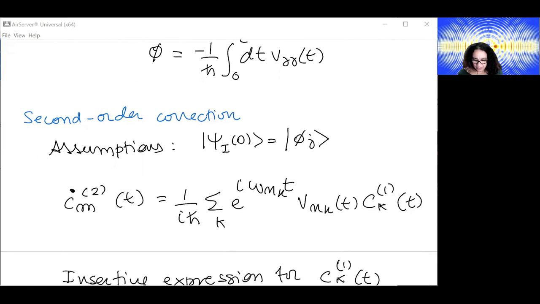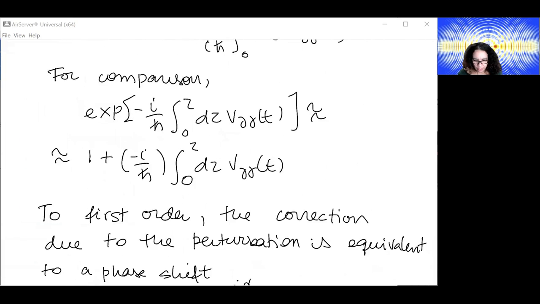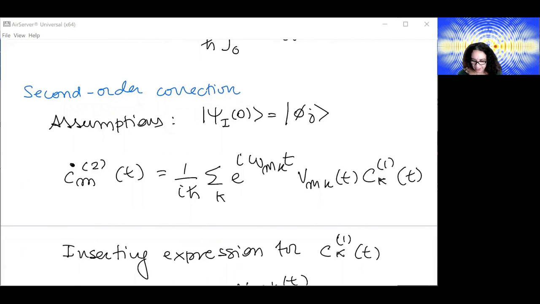Note that we have some sums here. First, here I don't have N, I have MK, because I am considering that I have a sum over all these K states, but I have this amplitude associated with M. Then when I plug this in, I have CK1. I don't have CM1.